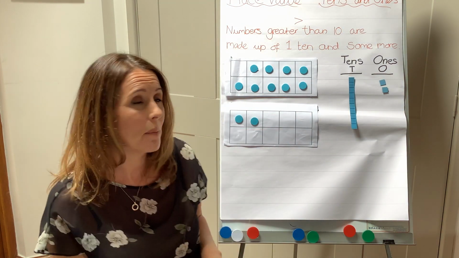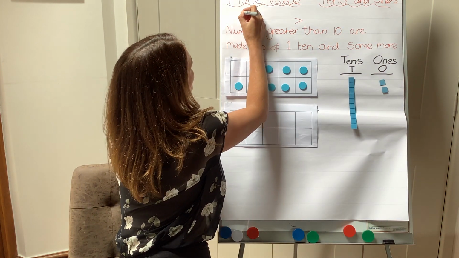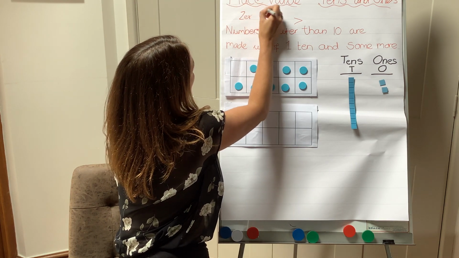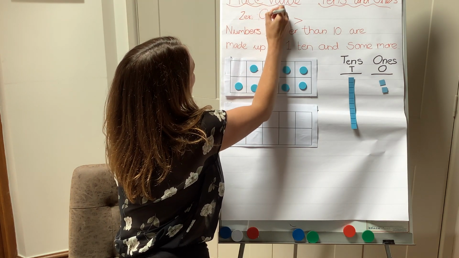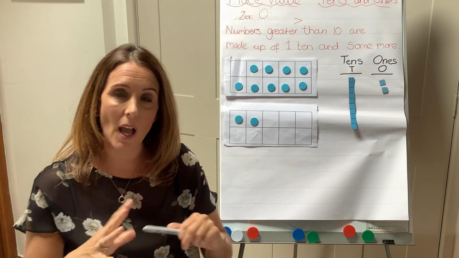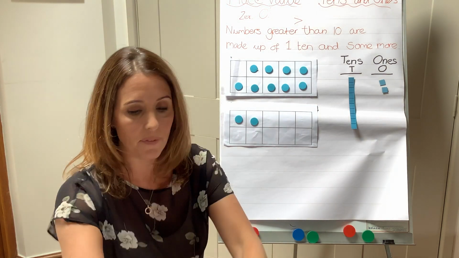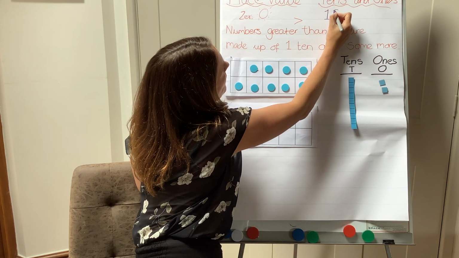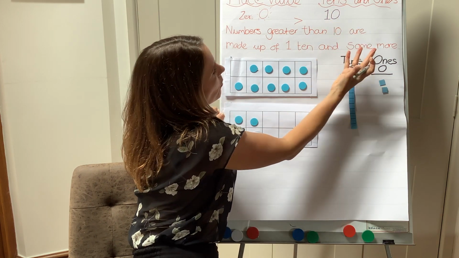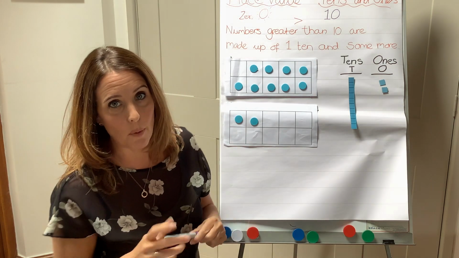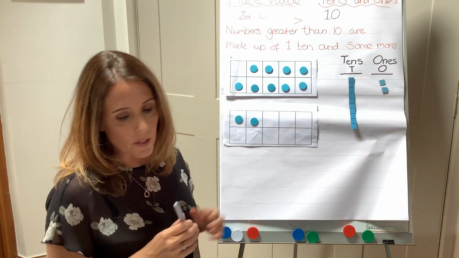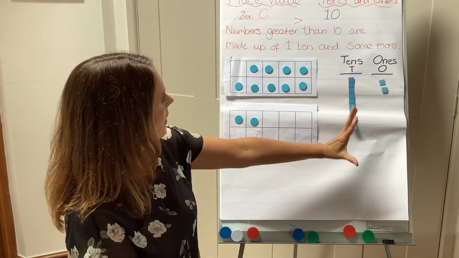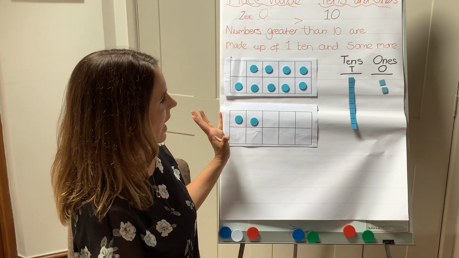Now 0 is really important. It's a very important number because it holds place. So when we have the number 10, we must put a 0 next to it to show we've got 0 ones, otherwise the number will just look like 1. So our number system works that we get 10 times bigger each time.